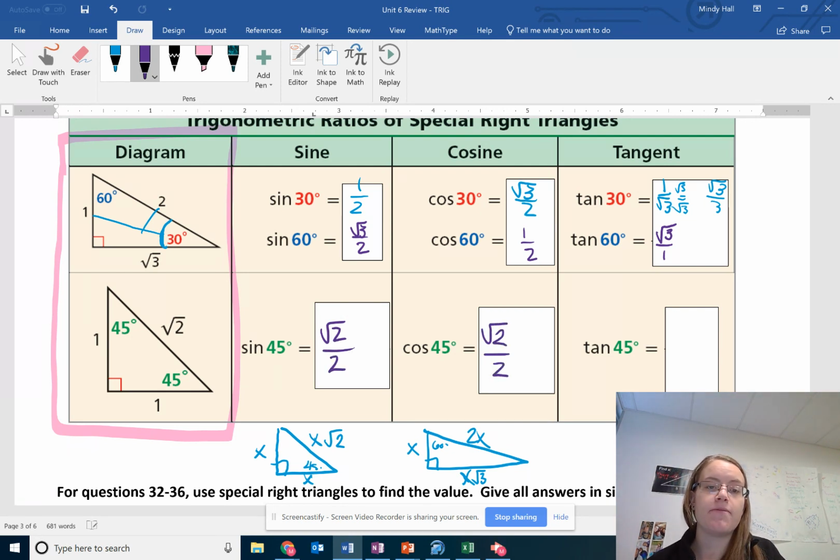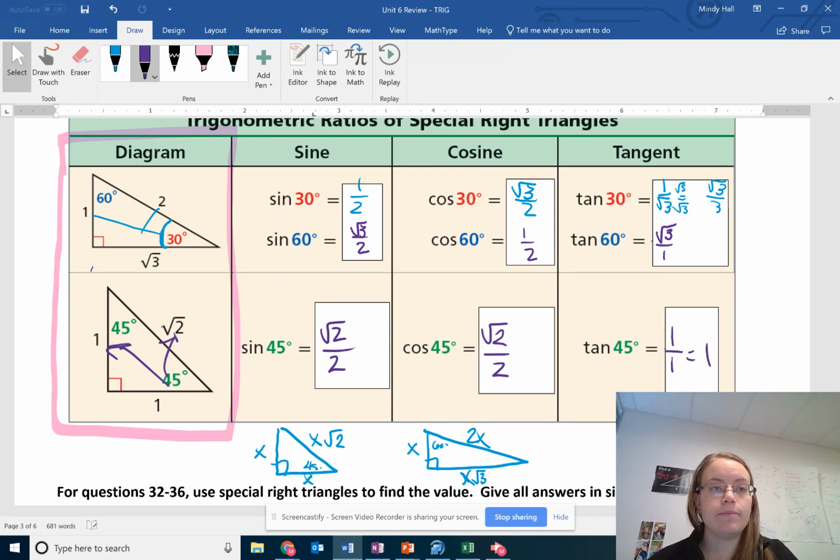And by the way, if you are filling in this table based off of these pictures, you'd have 1 over square root 2, so you'd have to rationalize to make it square root 2 over 2. And then tangent of 45 is just 1.